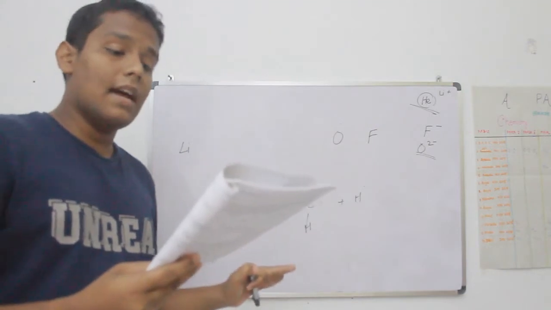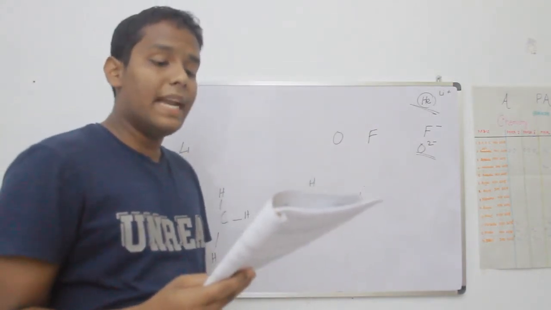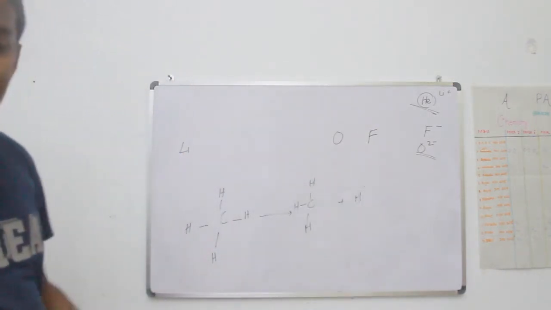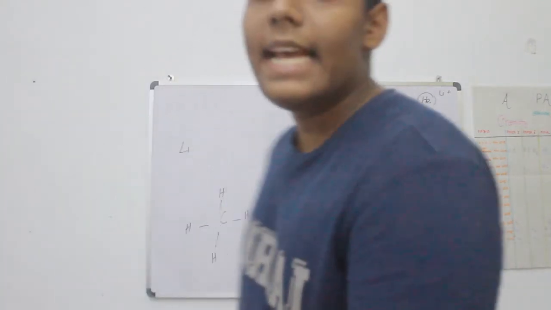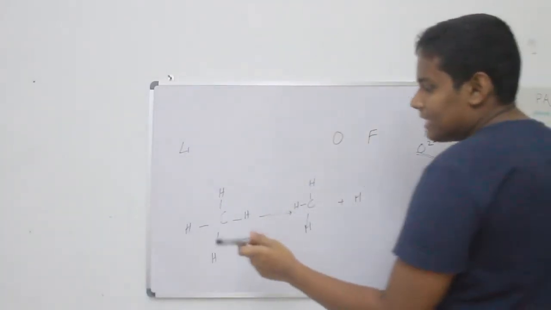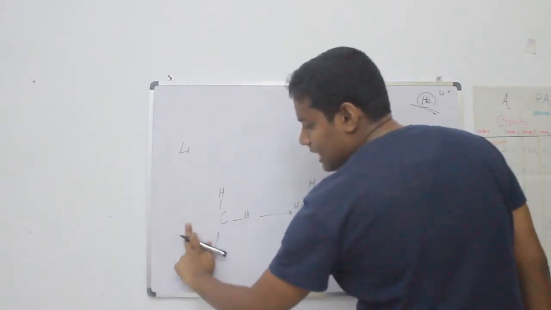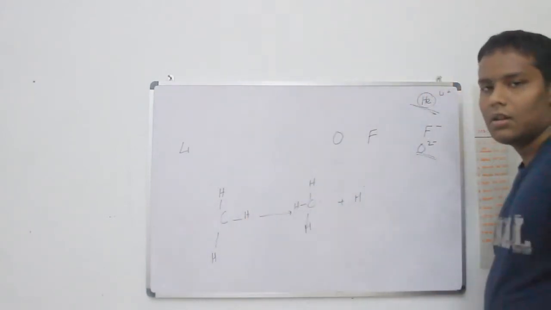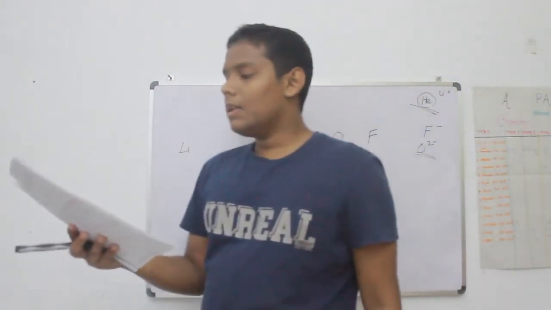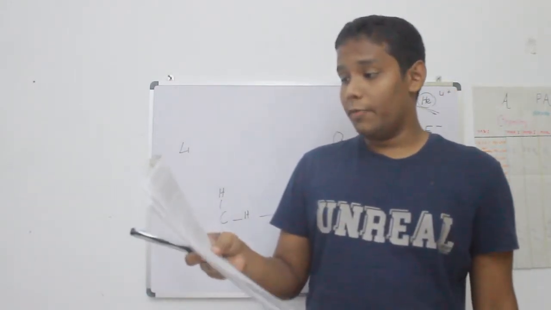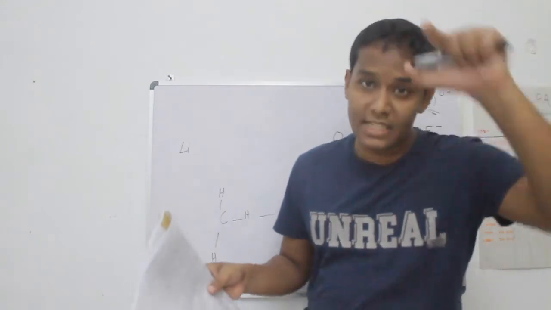This is at the standard state. So this particular enthalpy will be the enthalpy change associated with the cleavage of one CH bond, because only this CH bond is cleaved in order to form this. Standard enthalpy change for dissociation of the first CH bond.